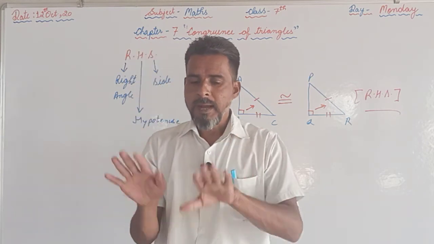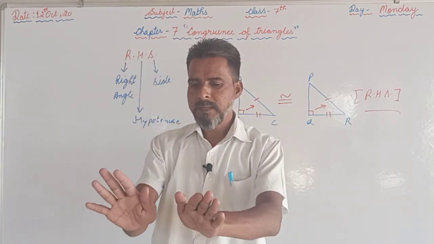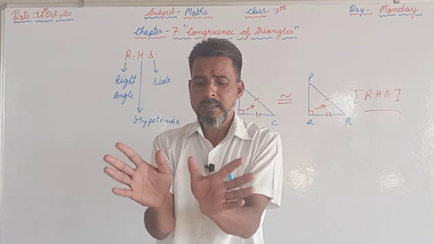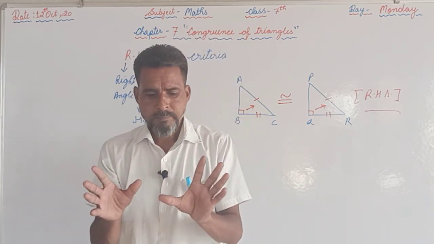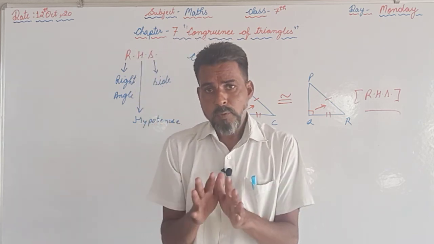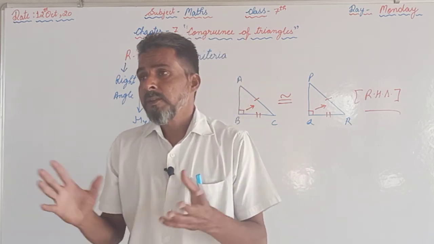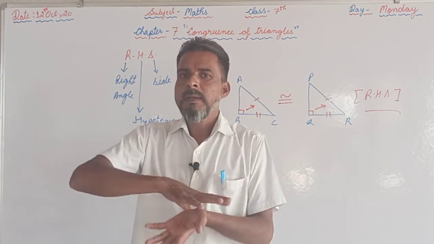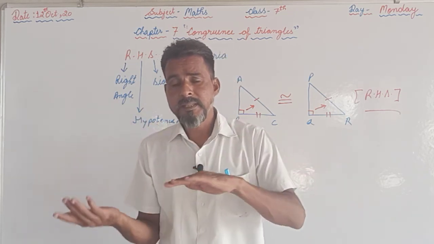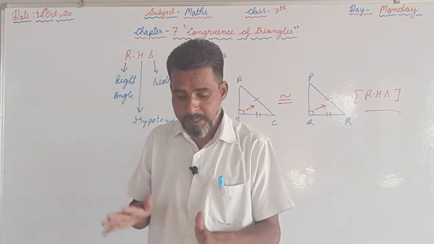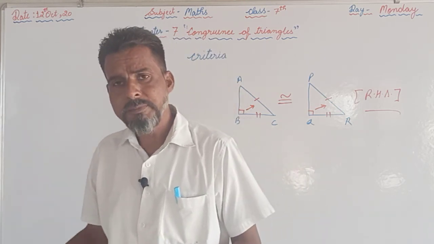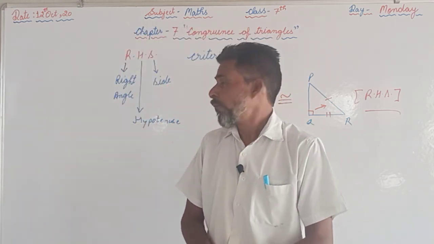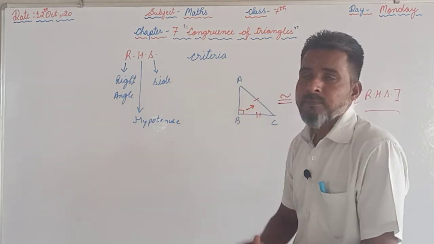That will not be identical. You can see that our fingers are also identical, our thumbs are also identical. So in the starting I told you that congruent figures are like twins, identical in all aspects, where each and every corresponding part should be the same. So this was the basic concept of congruency of triangles.